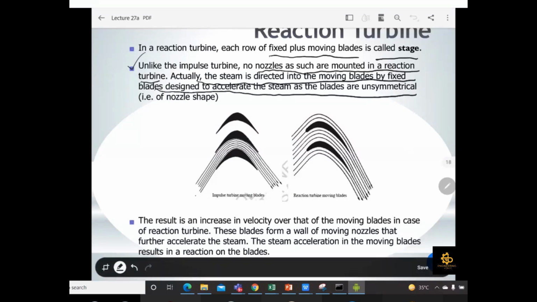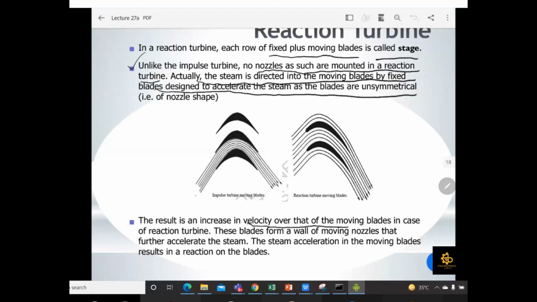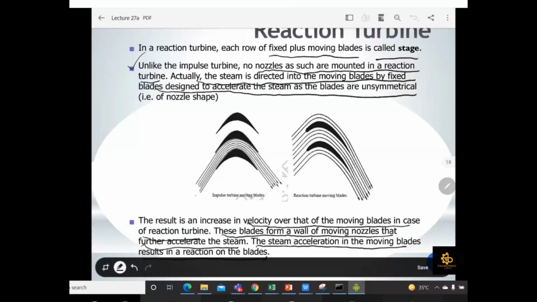So we are talking about the case of a reaction turbine where the blades are unsymmetrical. The result is an increase in velocity over that of the moving blades, and these blades form a wall of moving nozzle that further accelerates the steam, and the steam acceleration in the moving blades results in a reaction on the blade. So this is just the basic theory behind your reaction turbine.